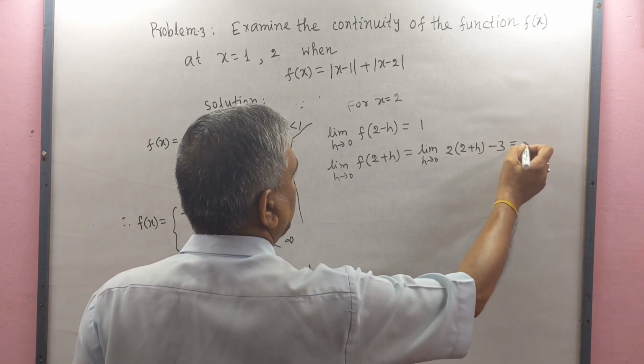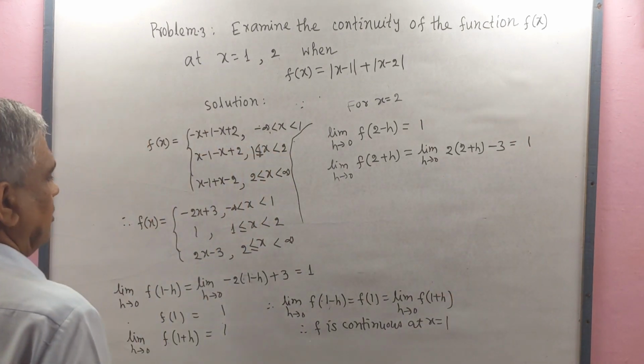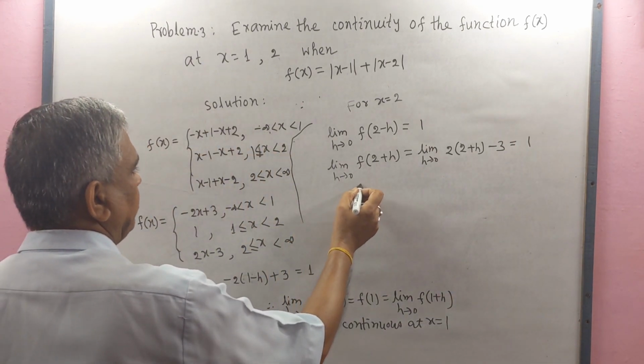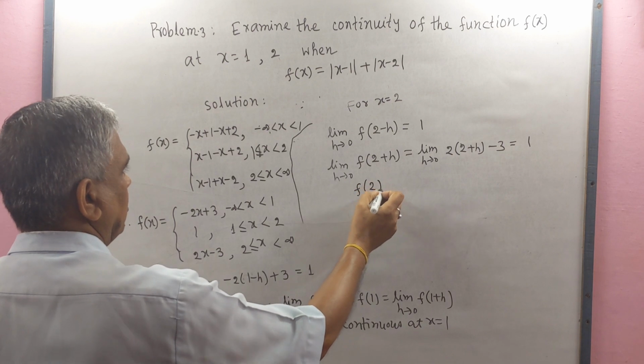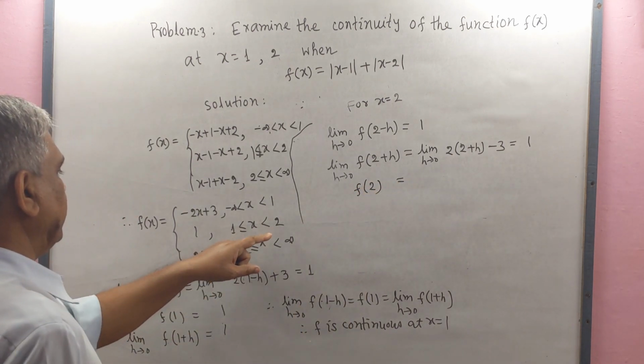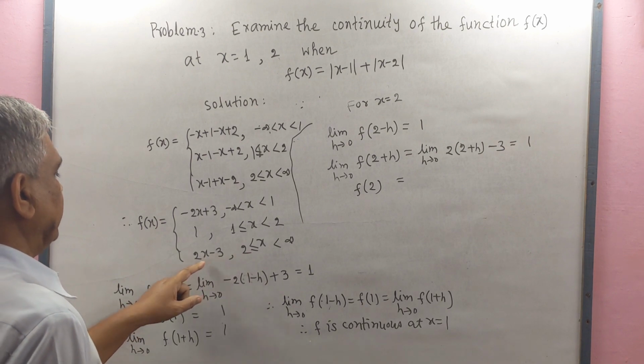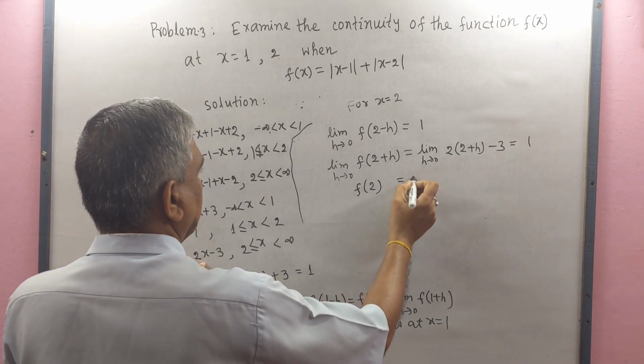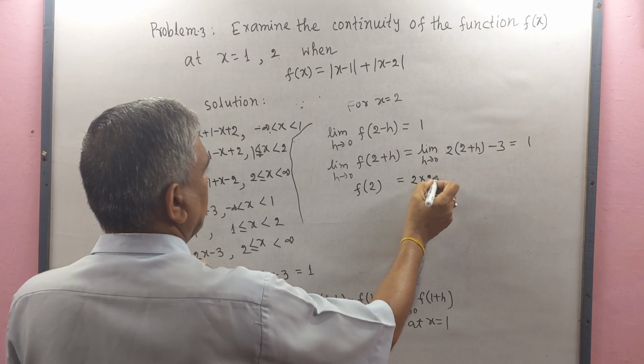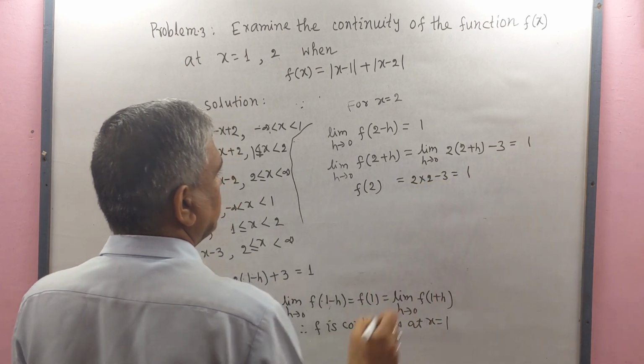This is equal to 1. f(2) here is 2 into 2 minus 3, that is also 1.